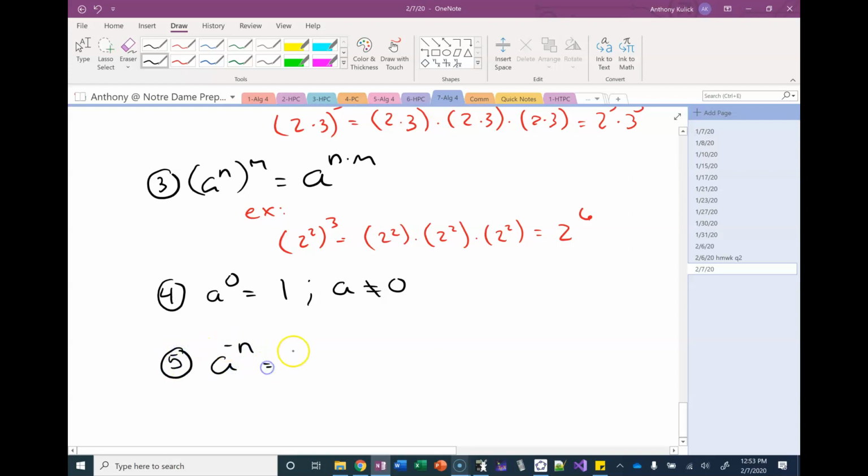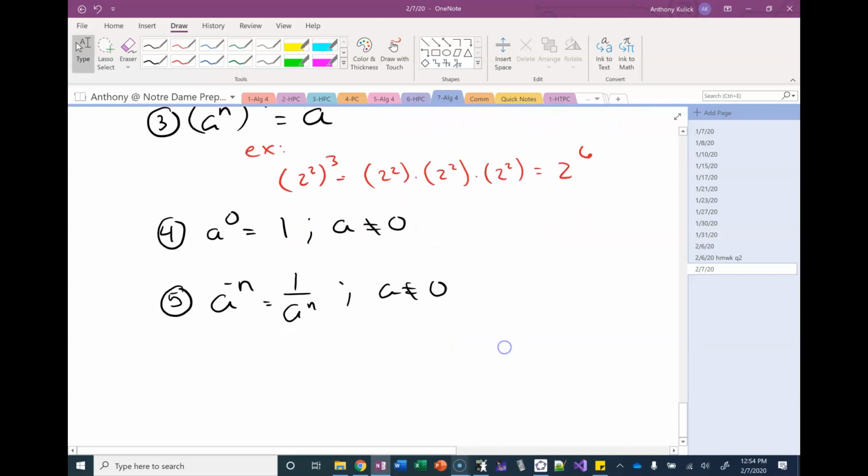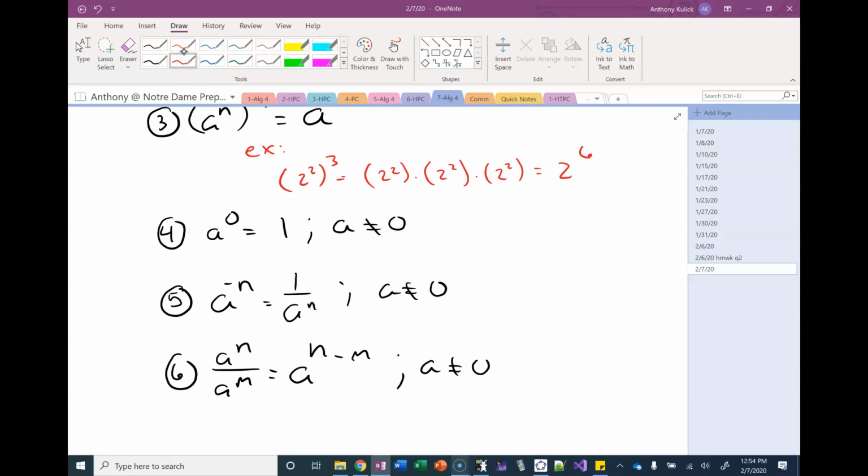So a to the negative n is equal to the reciprocal 1 over a to the n, again, provided that a is non-zero. And our last property says a to the n over a to the m is equal to a to the n minus m, again, provided that a is non-zero. Yes?